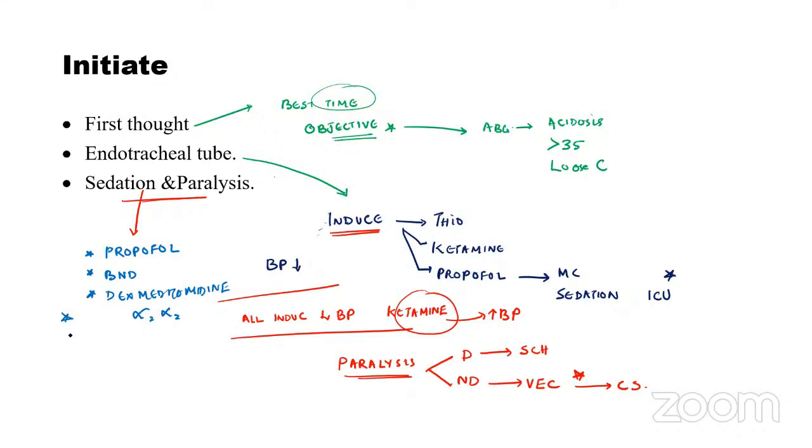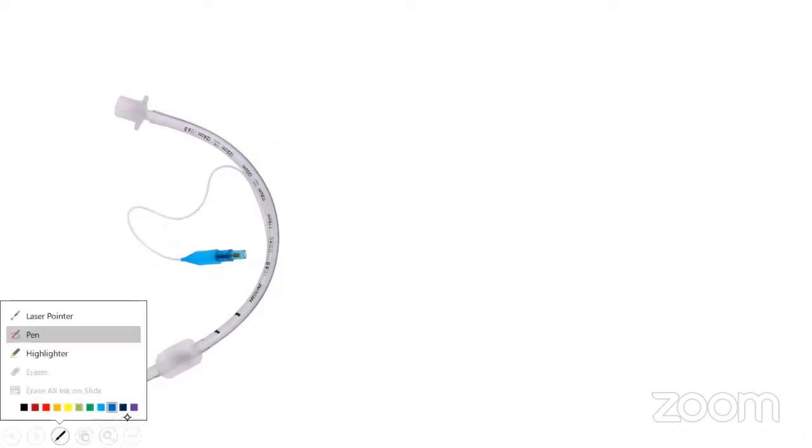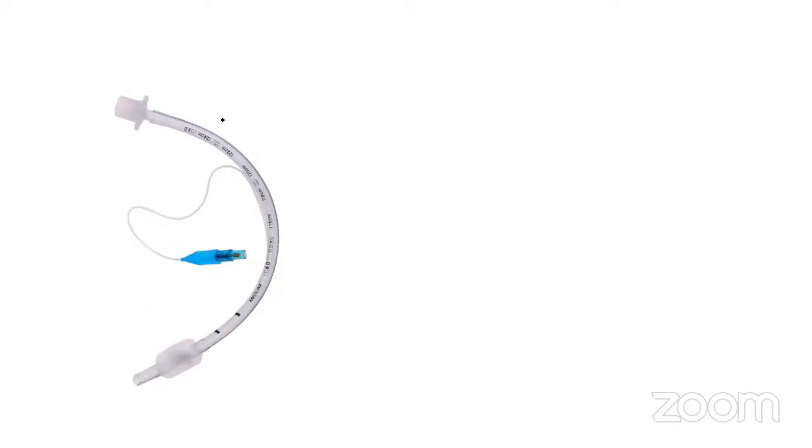Now we will see what all things we should learn before going to intubate. The MCQs associated with an endotracheal tube: the most commonly used tube nowadays is a PVC tube, polyvinyl chloride tube. For an adult male, we use an 8 to 8.5 sized tube.